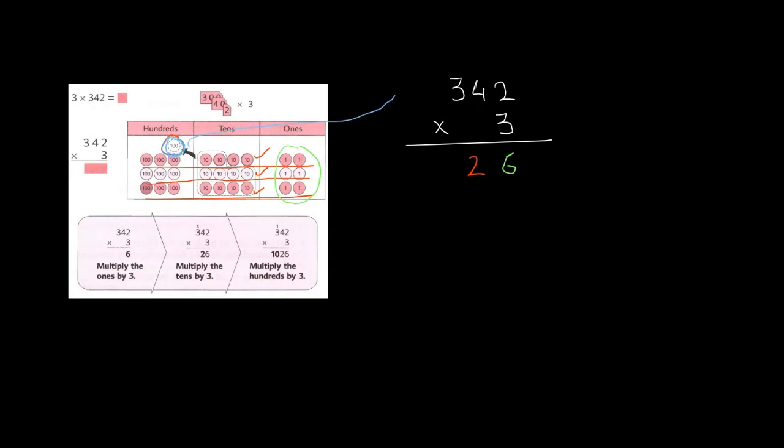This 100 will go, and I will write a 1 over here to signify that I have an extra 100. Now when I add up one 300, two 300s, and three 300s, I'm going to get 9 hundreds, but I have to add another 100, that's going to be 10 hundreds, and I'm going to write it in the hundreds place, 10 hundreds. So if I write 10 hundreds, this becomes 1026.